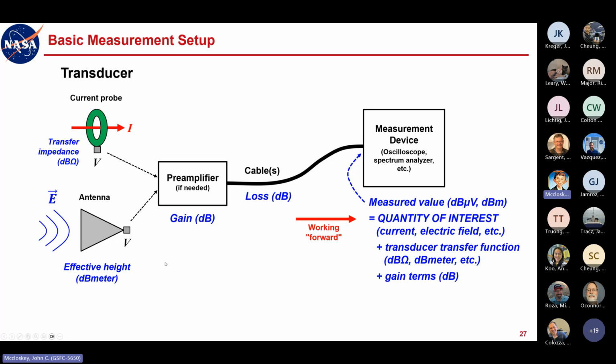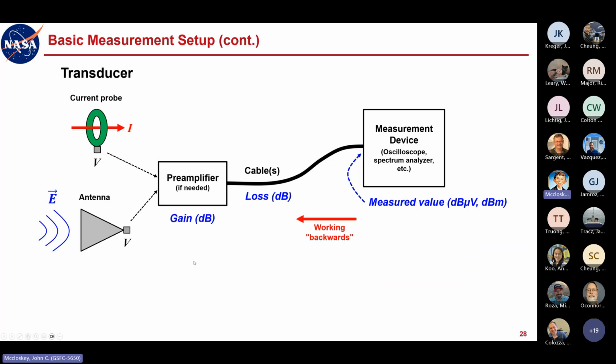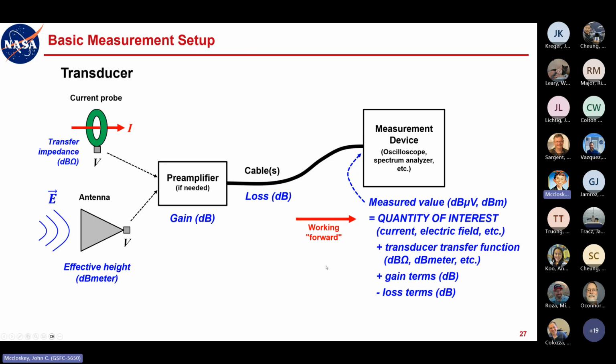Then you would add your gain terms and then subtract your loss terms, and then that gives you the quantity of interest. So that all should make intuitive sense, right? Remember, you're in dB space, adding is equivalent to multiplying in numeric space. So you're multiplying by your gain, or you're just adding whatever that gain is in dB, and you're subtracting the loss. That all makes intuitive sense, right? Everybody with me?